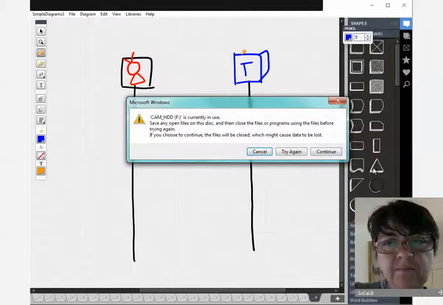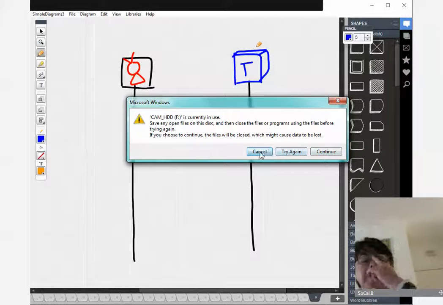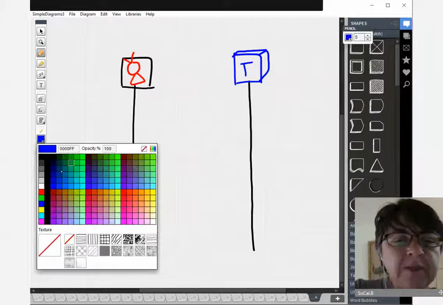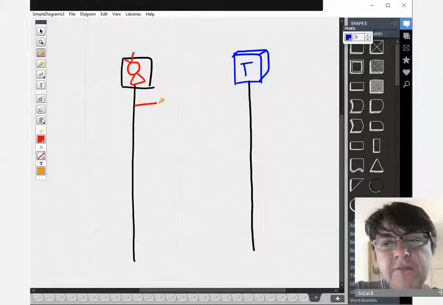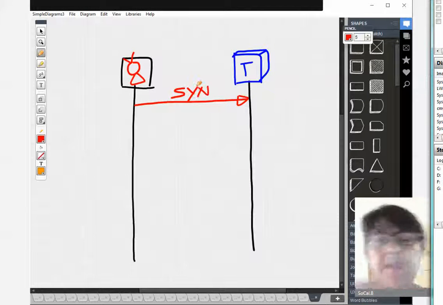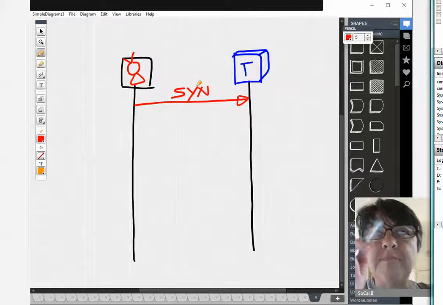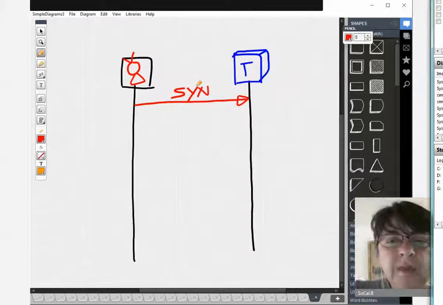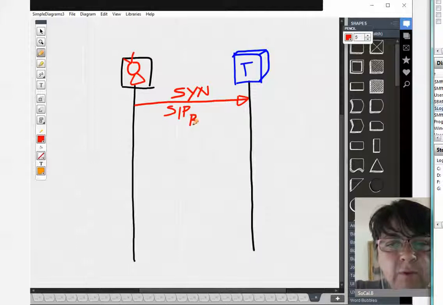server. And what the attacker would do is send a SYN, but the source IP is spoofed into a black hole.